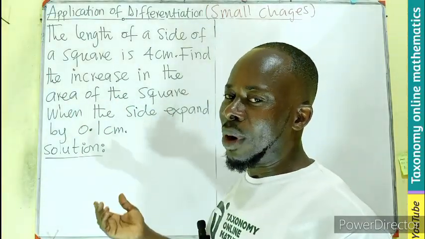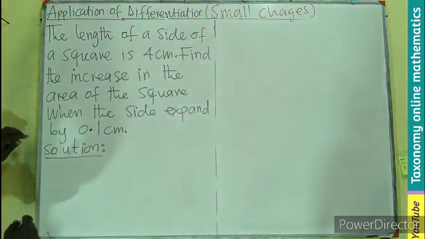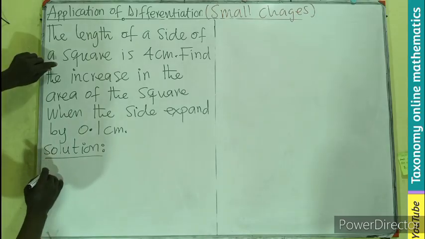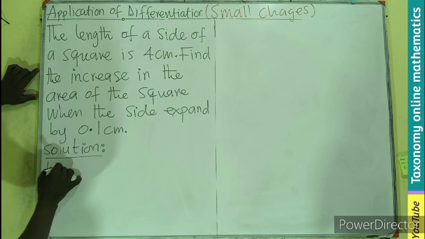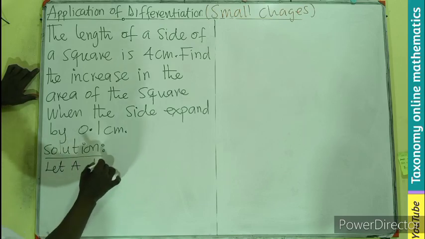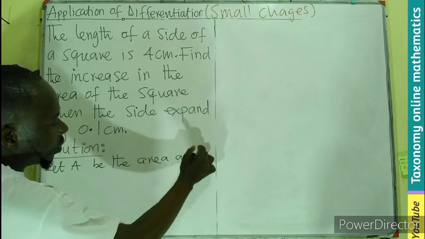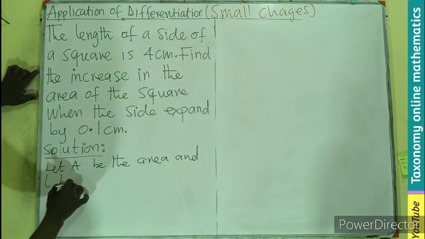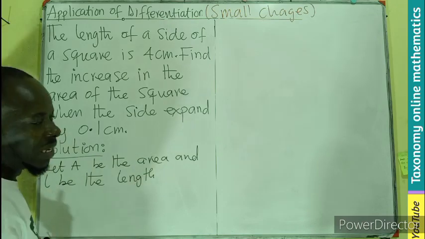First of all, what will be the area of a square? That's the parameter we need to indicate. So we know from the question, let A be the area and L be the length, better still the side.